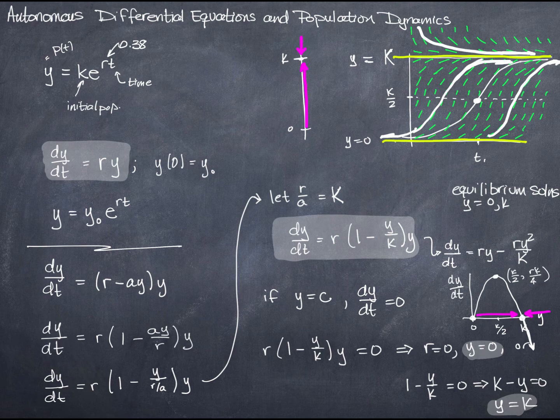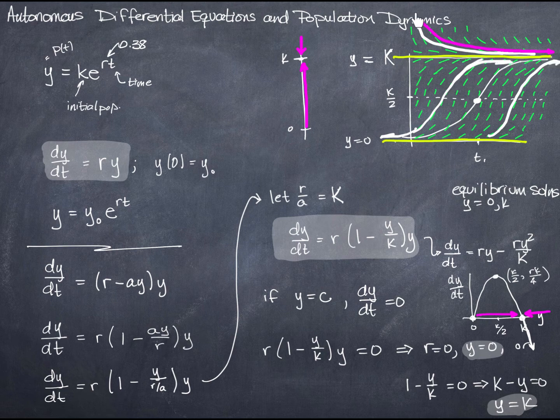And so if I find a solution, say I've got one that starts here. My buttons are in the way again. Hang on a second. Let me change something real quick. There we go. If I find a solution that sort of starts way up here and comes down like this, it will be asymptotic, but because it's asymptotic, that entire solution is above the line y equals k.